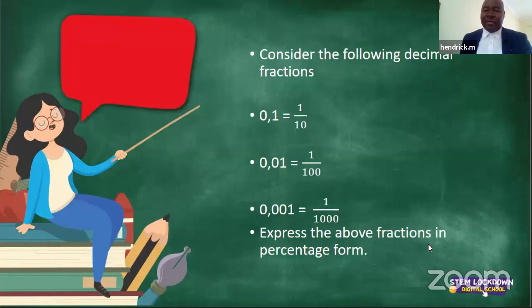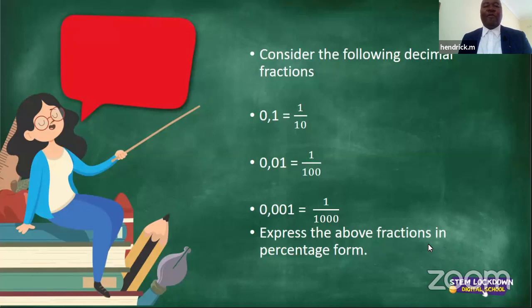Those who are in various religious communities, I've learned about the tenth that is often donated to the church. That tenth they usually talk about is 10%, meaning that a tenth, or 1/10, is equal to 10%.